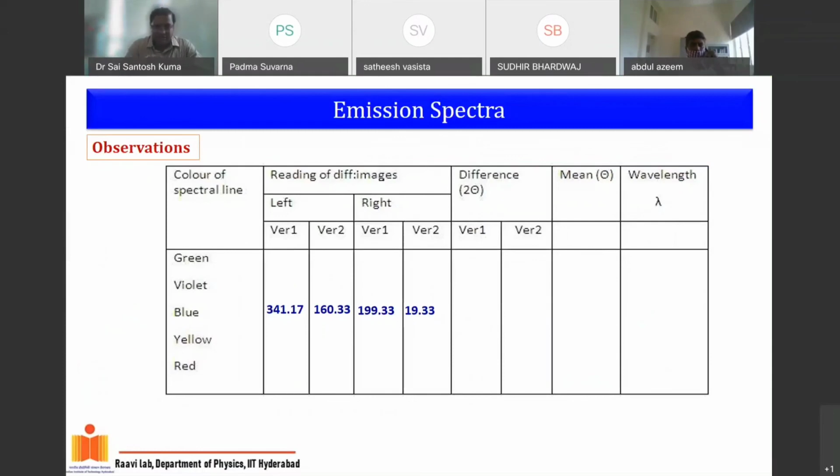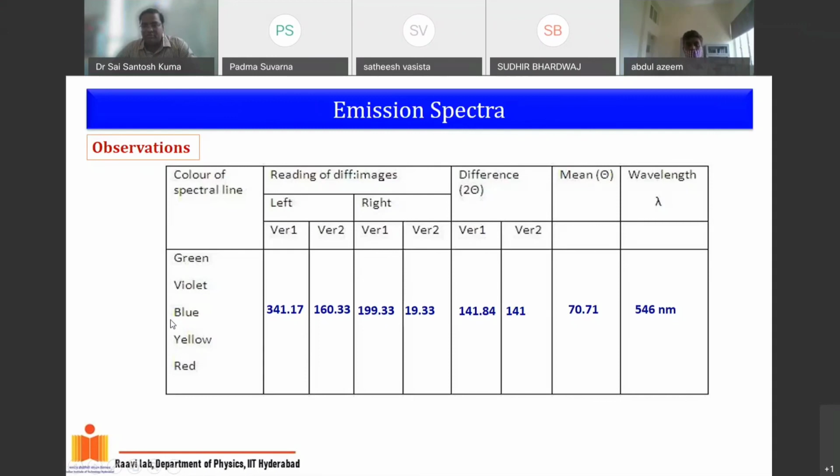In fact, I took a lot of time to get these numbers because it is not so trivial to get the exact position on the cross hairs as I showed you earlier. Then I subtracted these to get 141.84, 141. The mean divided by 2 gives me 70.74.